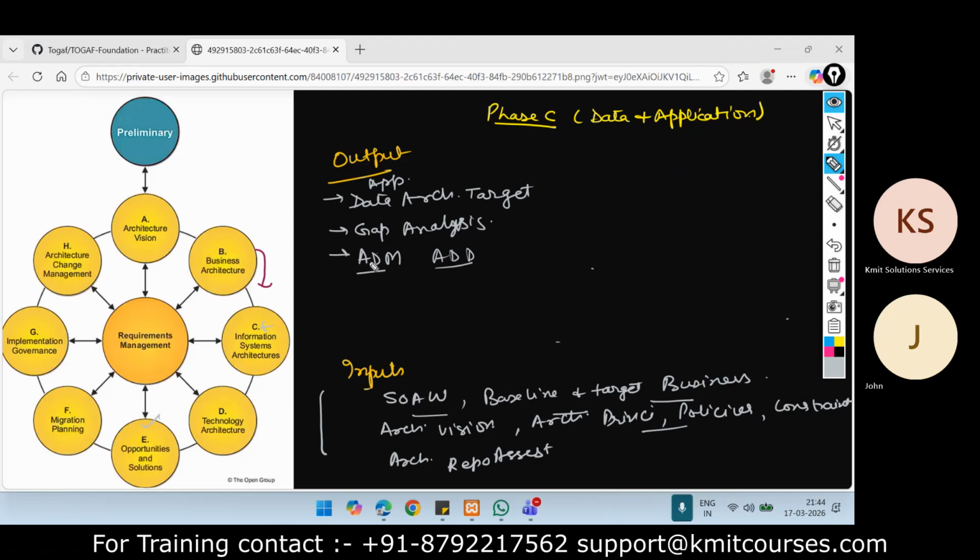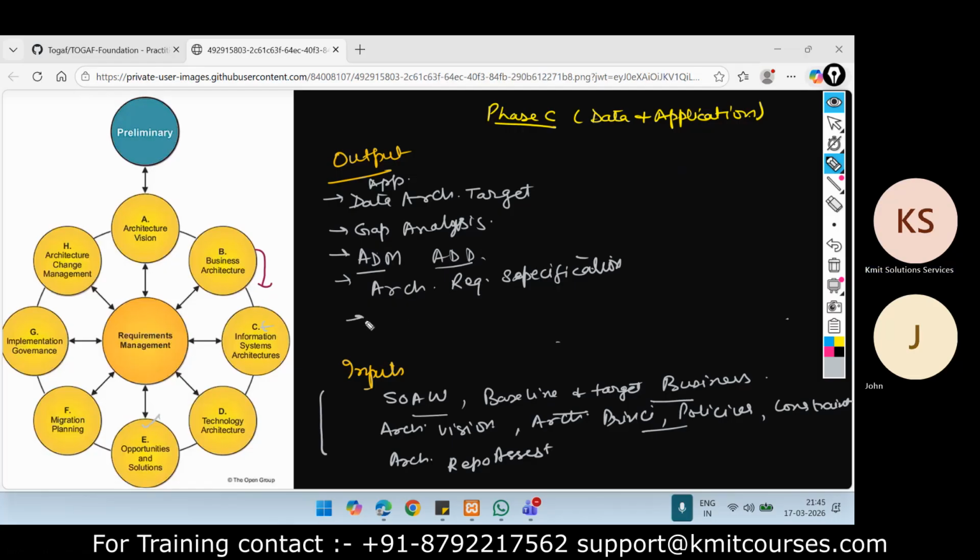Then maybe something which requires the architecture requirement specification to be updated. So architecture requirement specification, right? So that updated information you will have, right?